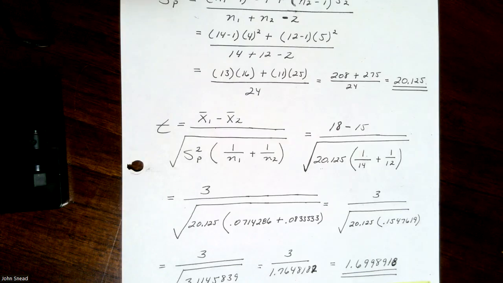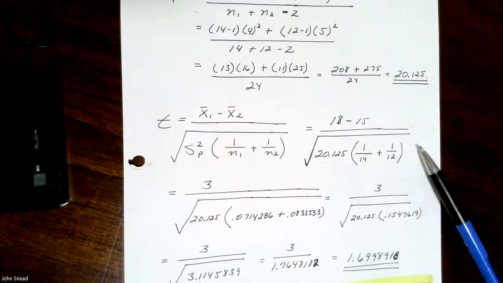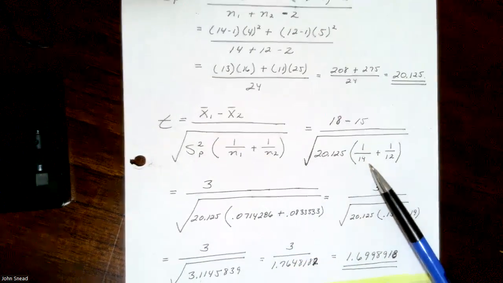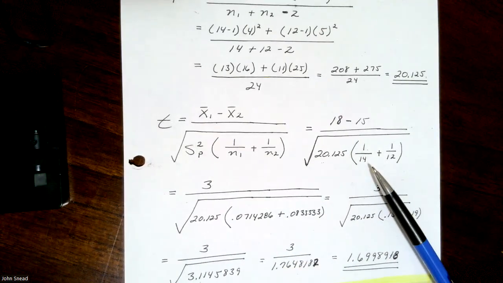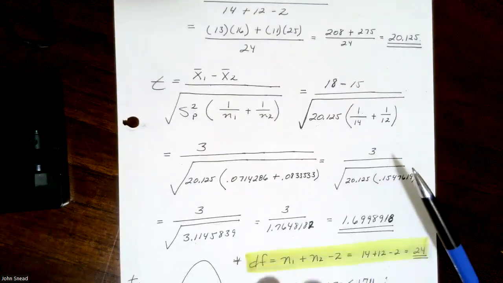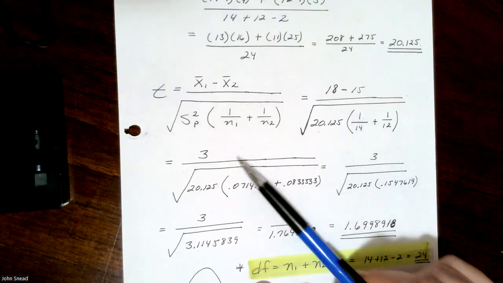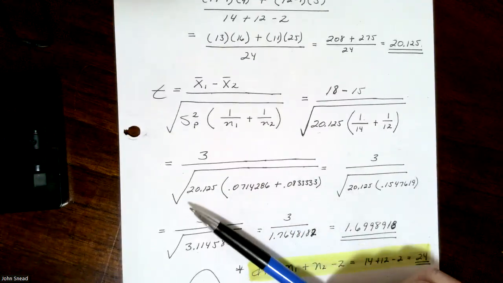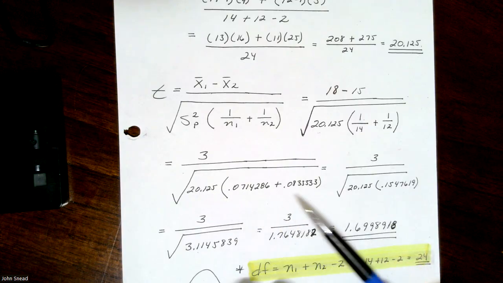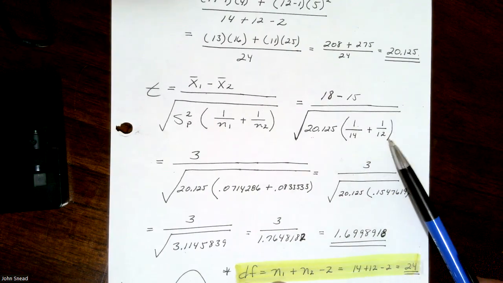We can say, hey, that's just sampling error. What we've got to do is divide this by the square root of the pooled variance times 1 over the number of observations in group 1 plus 1 over the number of observations in group 2. So 18 minus 15 is 3, divided by the square root of 20.125, that's our pooled variance, times 1 over 14 plus 1 over 12.